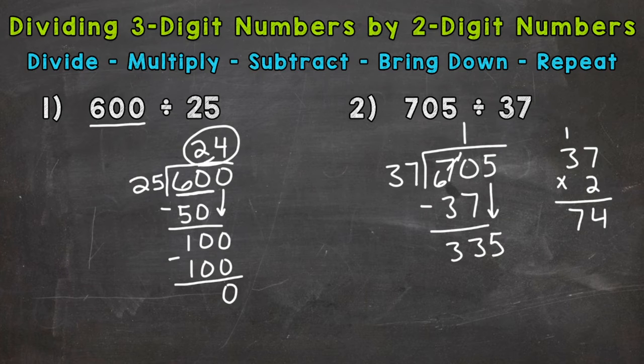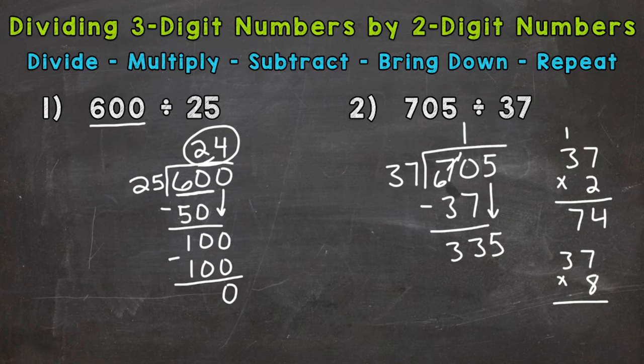Well, another strategy, we can use something we know in order to gauge what we can try. So we know 37 times 10 is 370. That's kind of close to 335, so we can start with something around 10. Let's try 8. So 37 times 8, just to see how close we get.